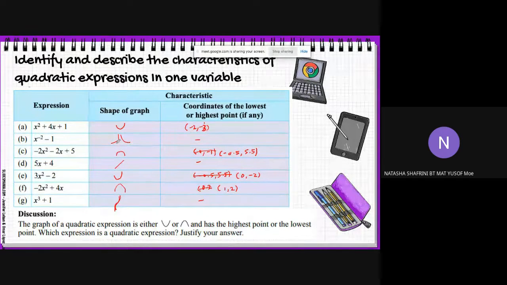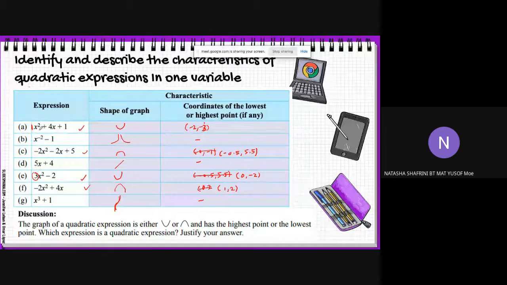Okay, kalau you nampak, fokus untuk yang ini, yang ini adalah quadratic. Kita ada dua shapes, two shapes of graph. Kalau you perasan, yang U shape, you akan nampak value dia punya A adalah 1. Yang U shape ini, you akan nampak ini adalah 3.